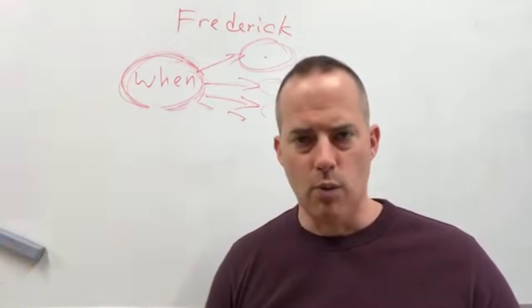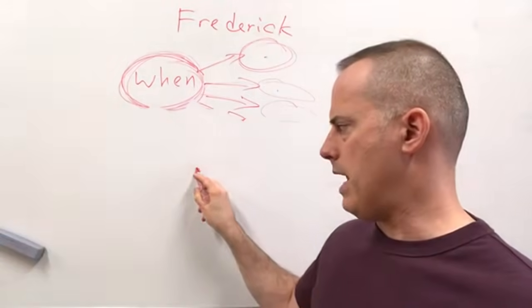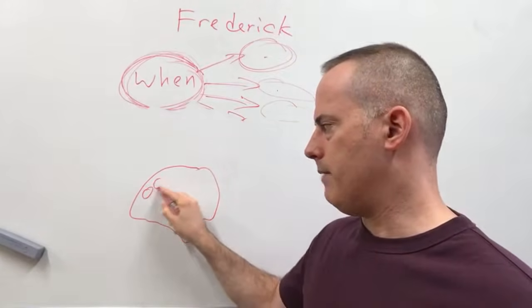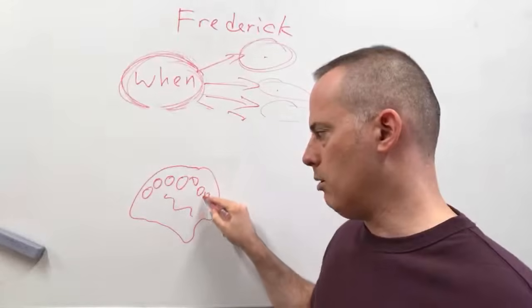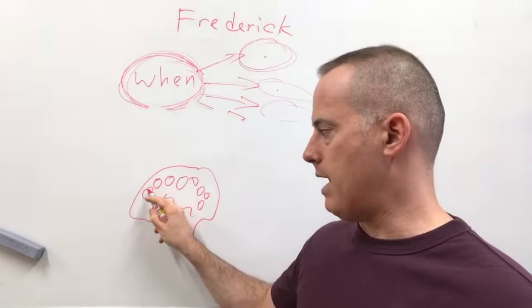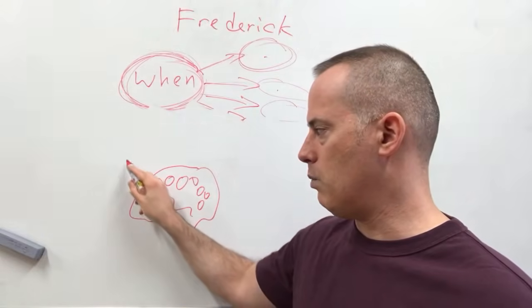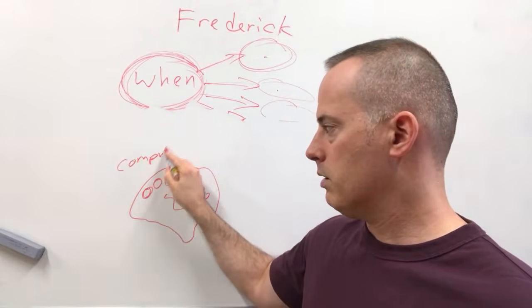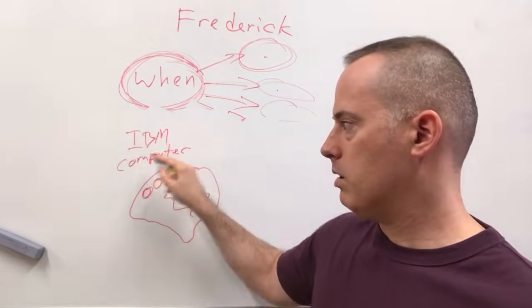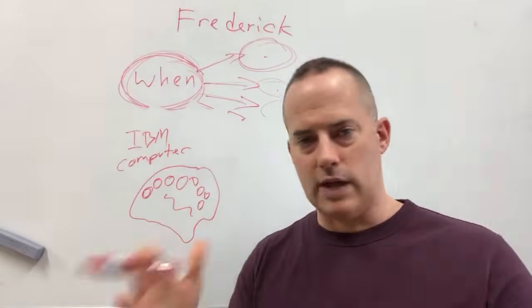The way your mind works is you can think about it like this. This is your brain here. You have different spaces in your mind, and you can create new spaces. But when you have something in a space already, like the word computer, let's say the company IBM makes the first computer, just as an example.